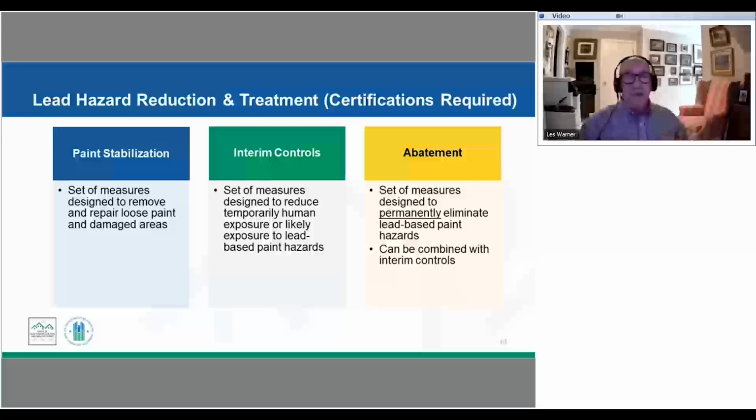So maybe we're going to do drywall over top of something. We would be permanently encasing that, but we may not have actually removed the lead-based paint. Hence, when we were talking earlier about the difference between lead-safe versus lead-free. And sometimes we're going to be seeing a combination of interim controls and abatement being done.